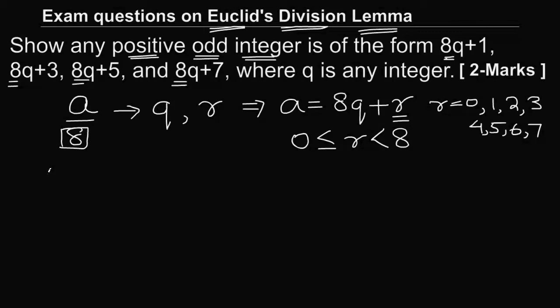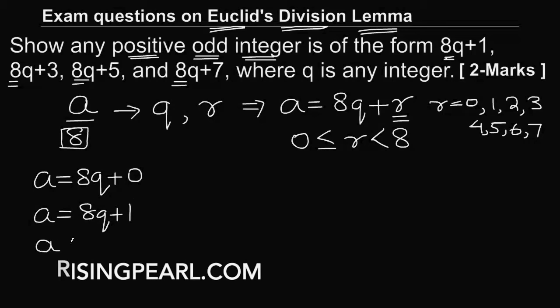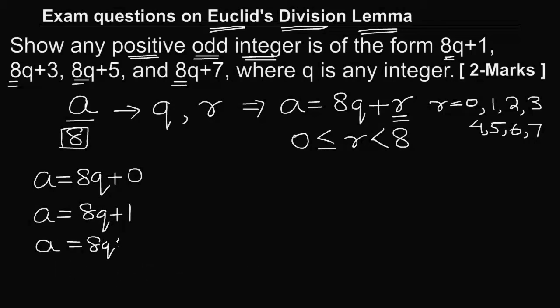So let's write over here. a equals 8q plus 0, then a equals 8q plus 1, a equals 8q plus 2, a equals 8q plus 3. So we have written 0, 1, 2 and 3.